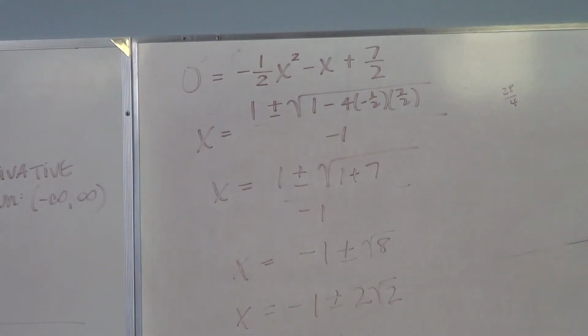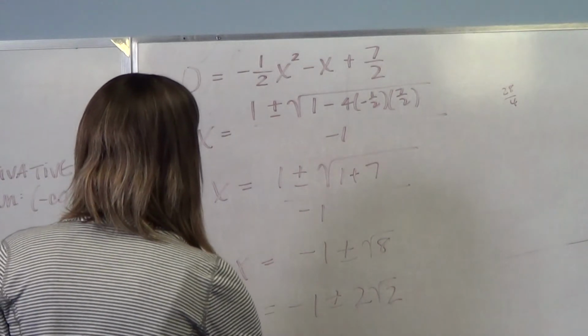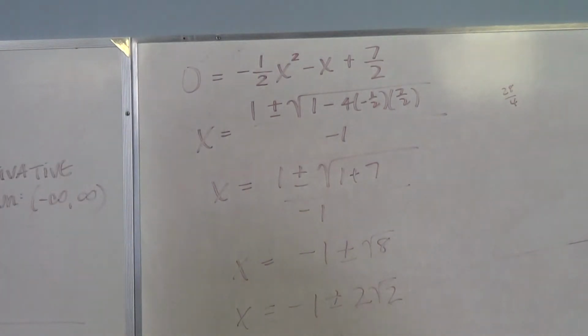And -1 minus 2 root 2 is about -3.8. So you should have an x-intercept about 2 and about -4-ish.